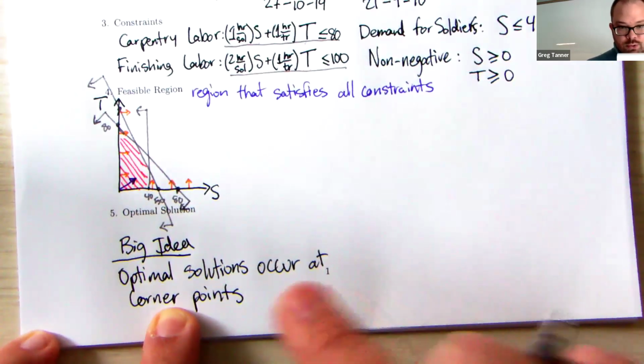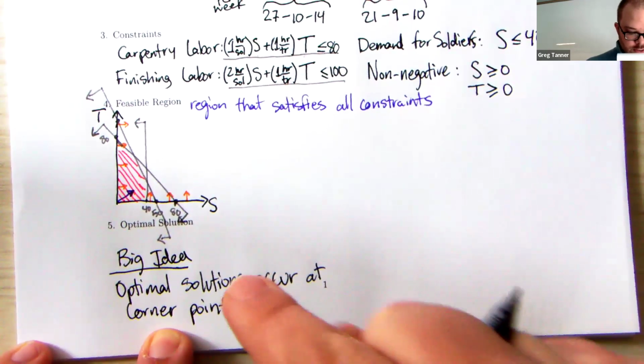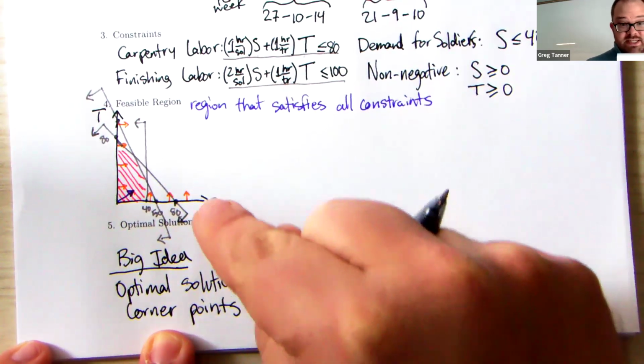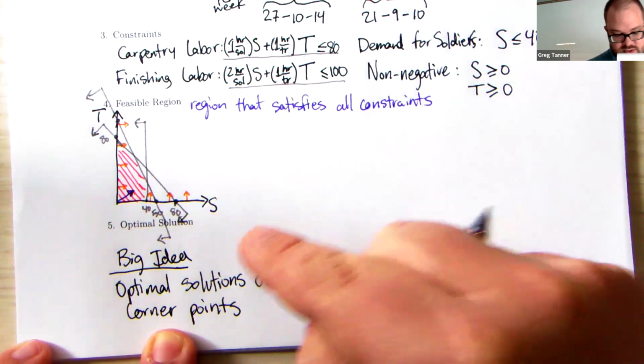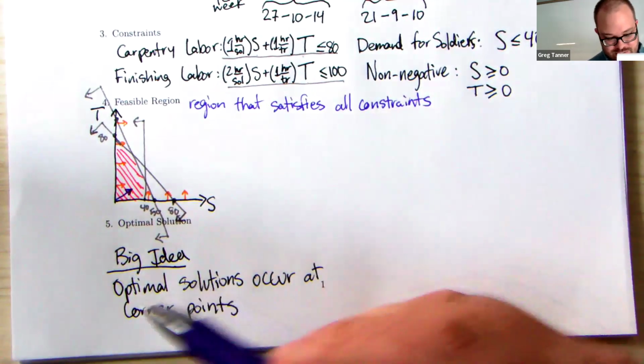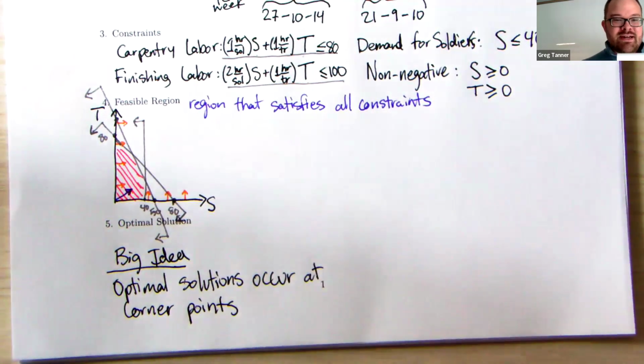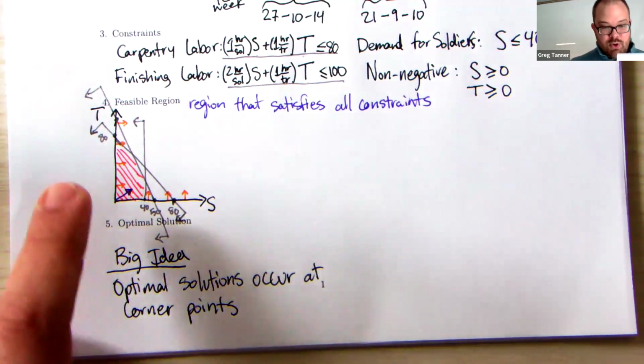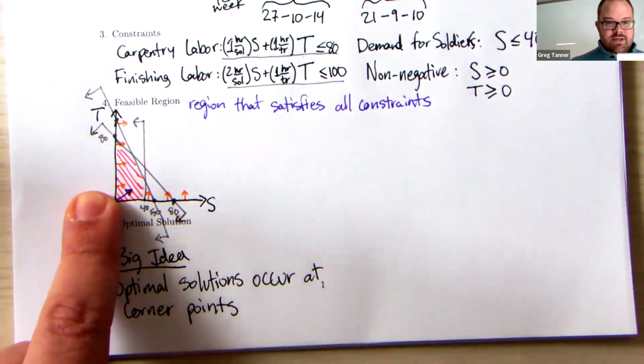And so let's take a little bit of a detour and jump into Desmos, because it wouldn't be a bad idea to be able to solve this by hand for all these intersections, but it's a little tedious. And so let's use technology to recreate this graph.